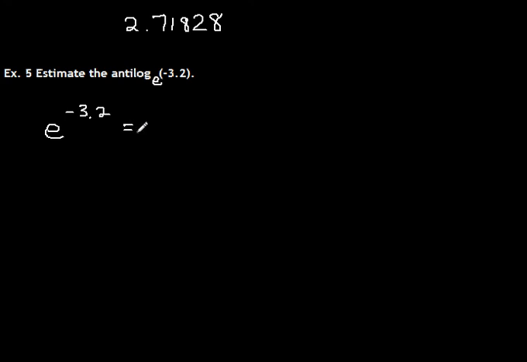You could either use your y to the x straight out with that, or if it won't take a negative number, you could have e to the positive 3.2. You put that in your calculator, and you get 0.040762.